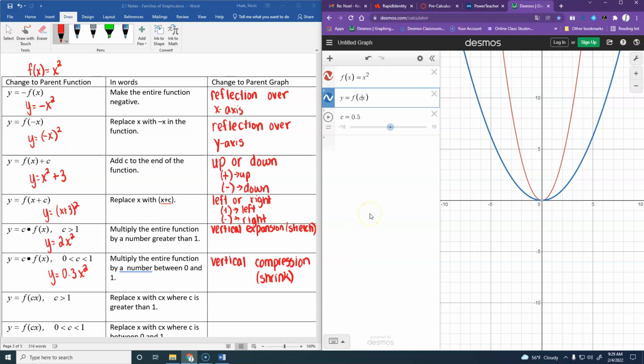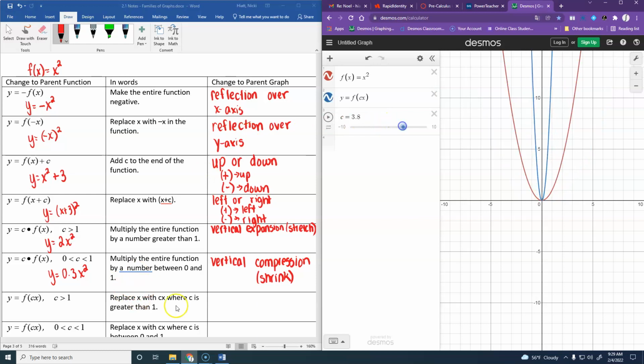So this one looks like it's just been squashed down, right? But whenever we have a number on the inside of the parentheses, we need to be thinking about horizontally, okay? So now you think like an accordion, right? So if we take a graph, and actually I shouldn't do 0.5, do a number bigger than 1 is the one we're doing here.